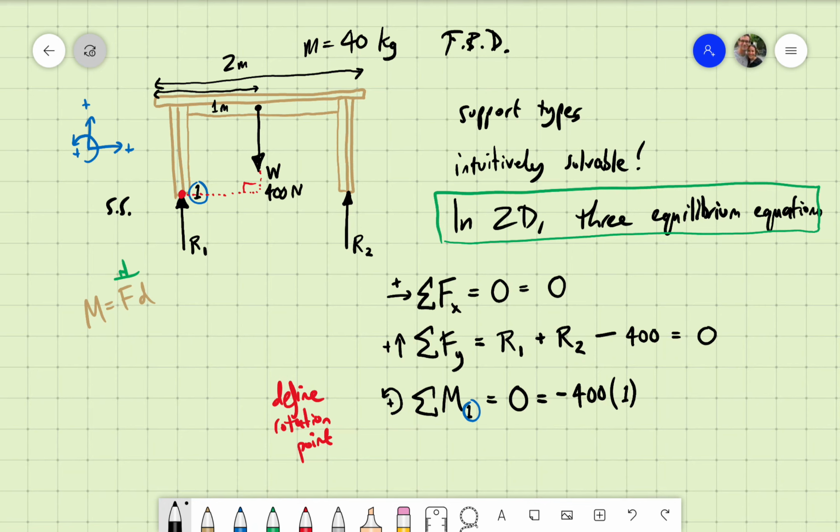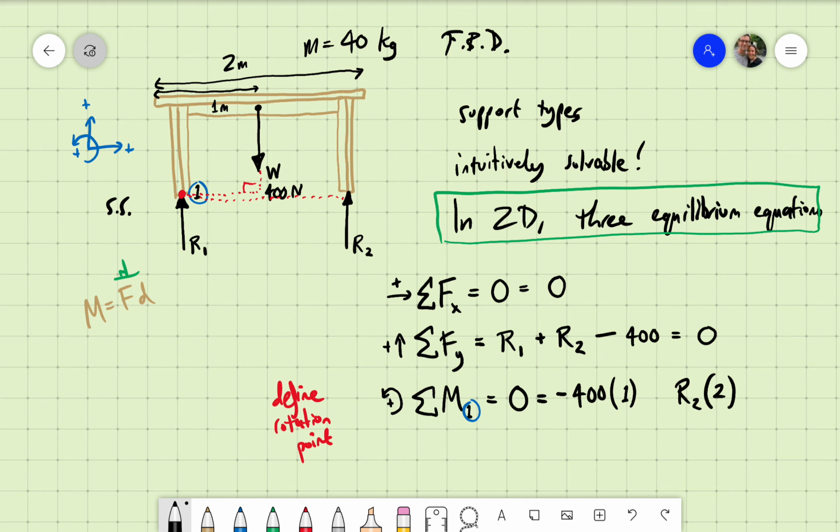Now I move along. The next one is R2. Now R2 is pointing up, and it is offset by this distance, which is the full 2 meters. So this one is going to be multiplied by 2. Force times distance, R2 times 2.